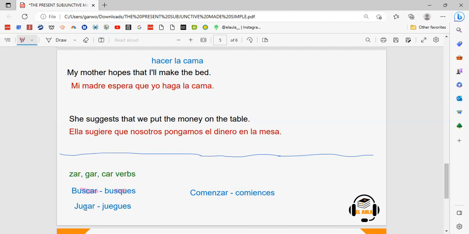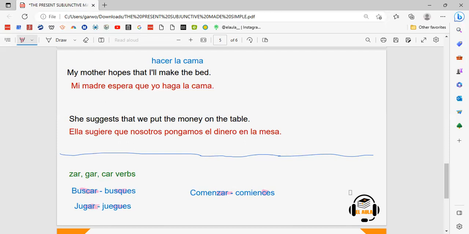When we're working with GAR verbs, we're going to add a U right beside that G. And when we're working with ZAR verbs, we're just going to change that Z to C. And this will maintain as much as possible that original sound that we would get from the infinitive form of the verb.